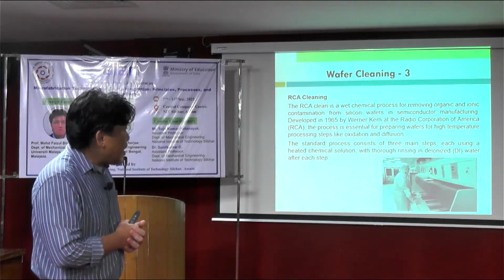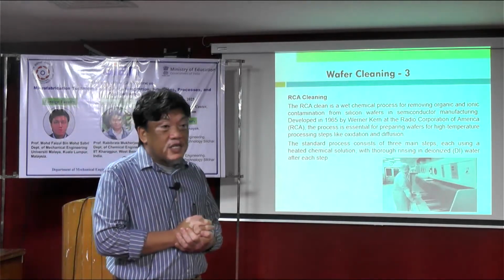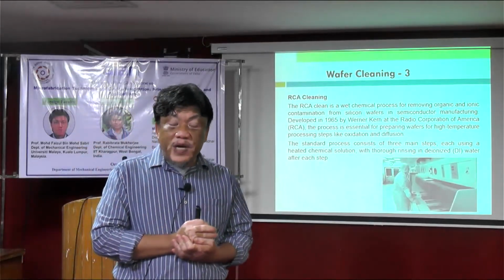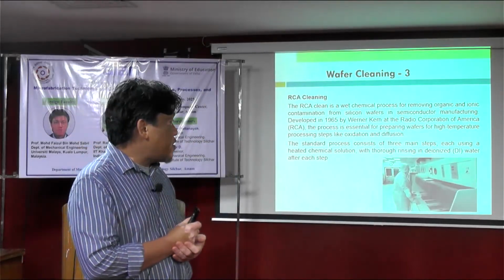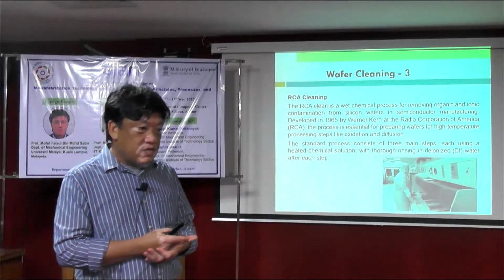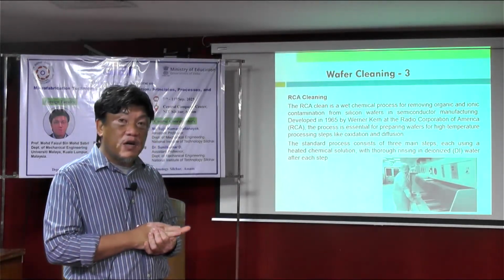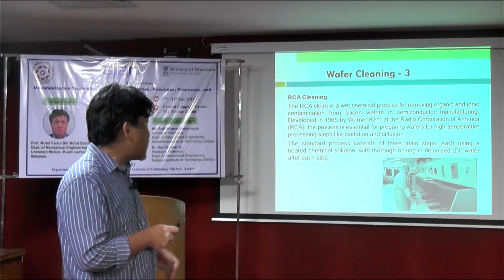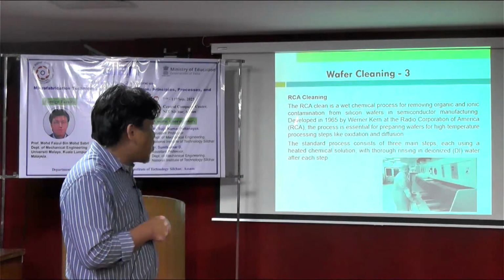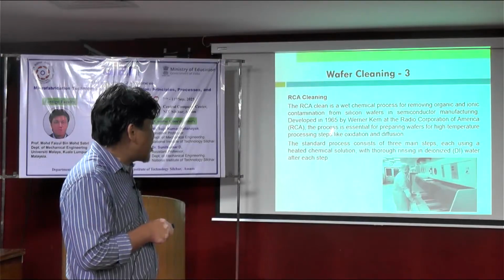All right. Next is the cleaning process of the wafer. The surface preparation of the wafer needs to be done carefully in order to remove the contaminants on the wafer itself. The commonly used process is called RCA cleaning.